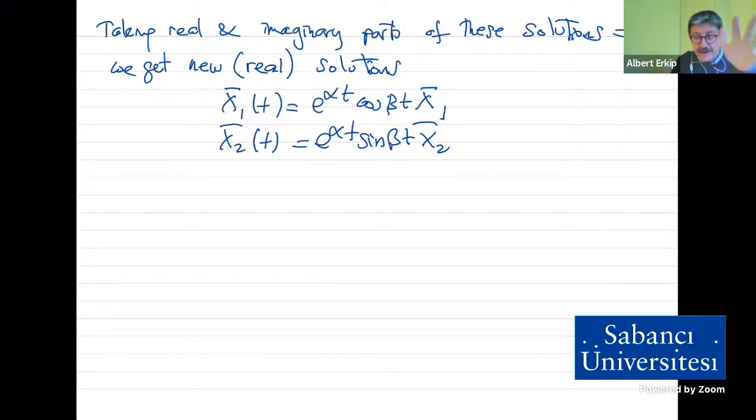Again, taking real parts and so on, I'm simplifying the thing, but I just want to see what this does.